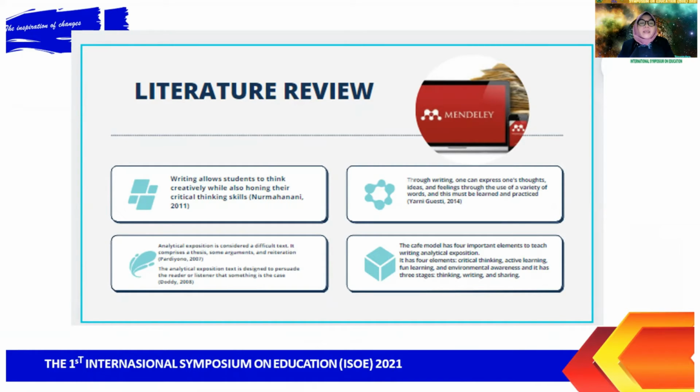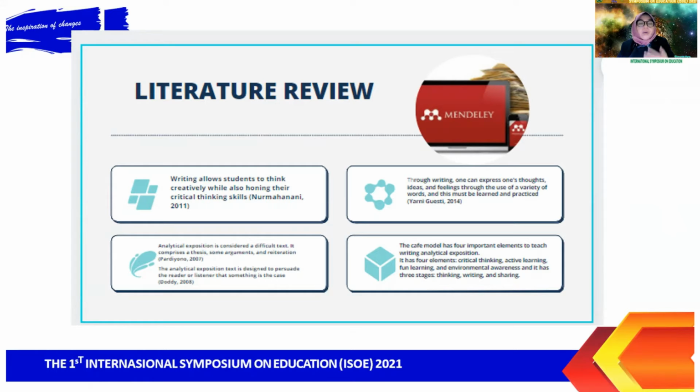Nurmahani said that students can think creatively while strengthening their critical thinking skills by writing. And it's also reaffirmed by Yarni Gusti that writing allows one to convey one's thoughts, ideas, and feelings using a variety of words, and it is a skill that must be learned and developed.